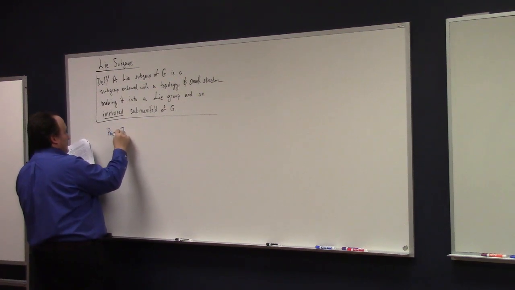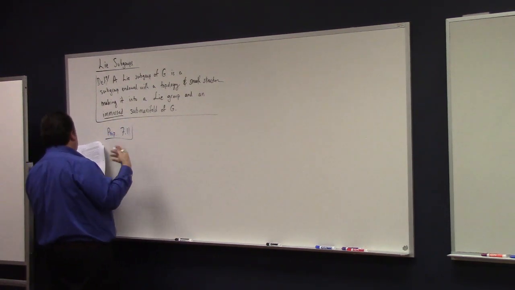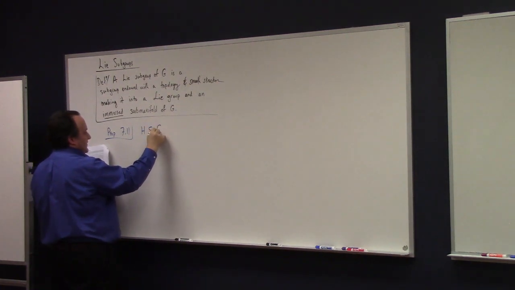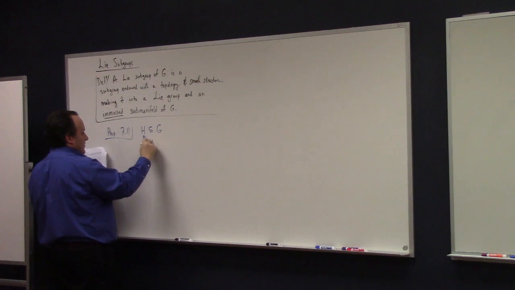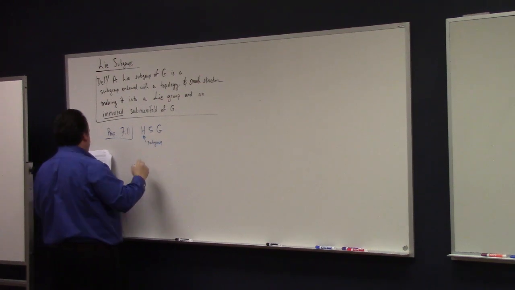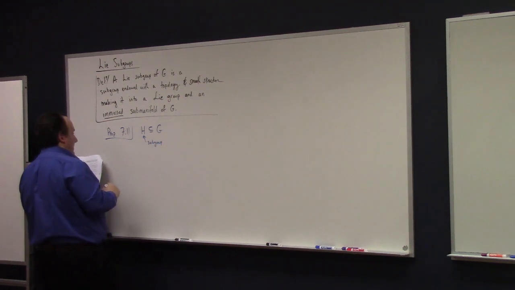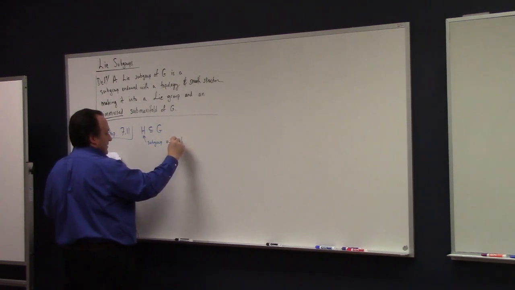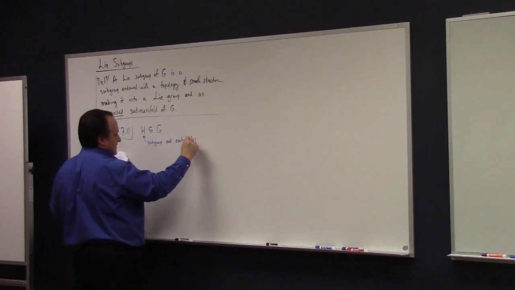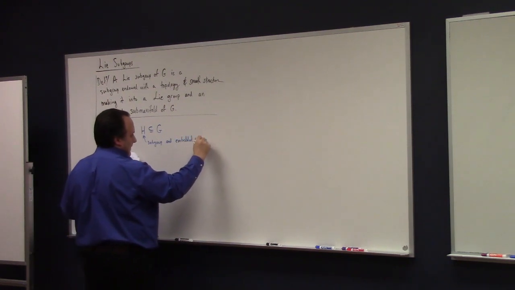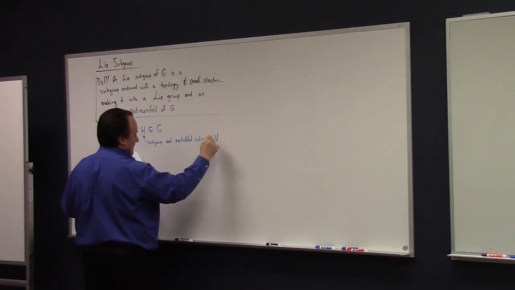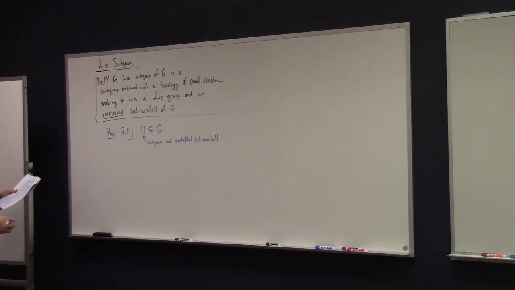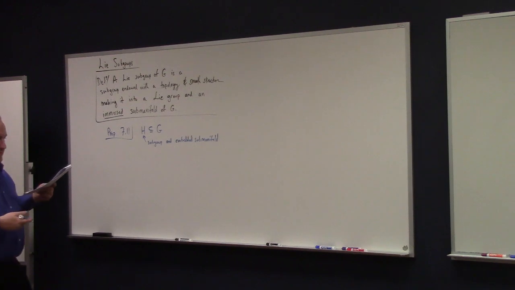Proposition 7.11 says that if you have H a subgroup of G, and an embedded submanifold, then H is a Lie subgroup. Okay.